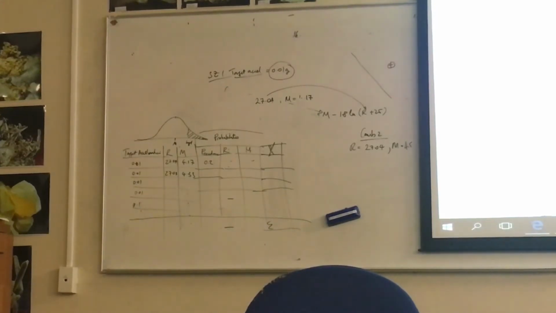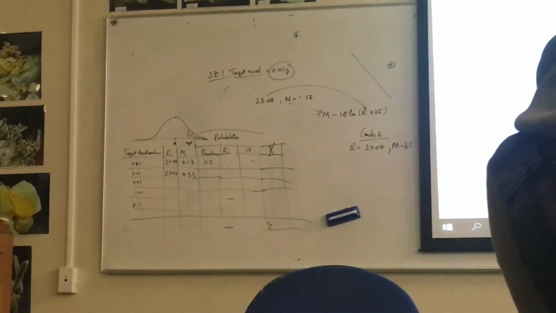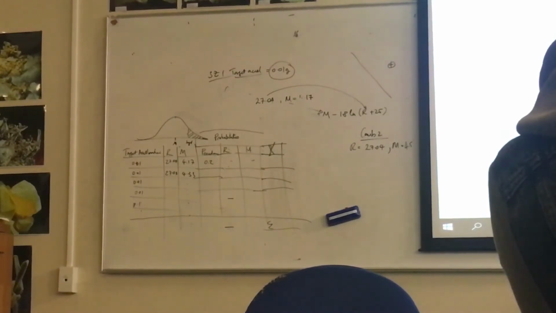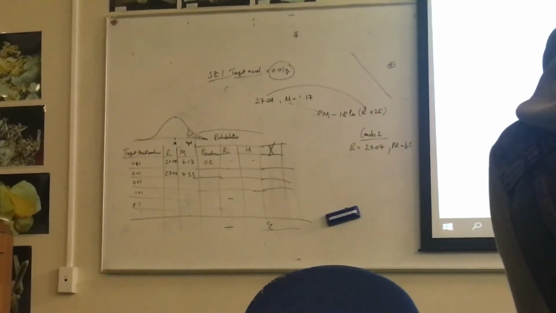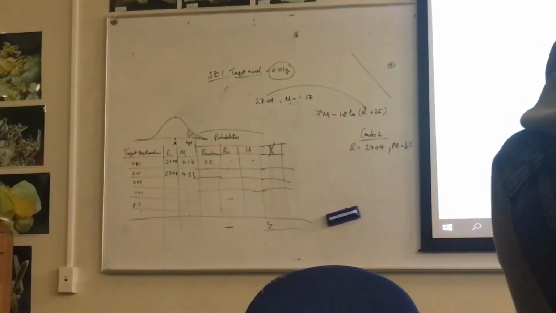So that's why I say, if you use Excel, it can get unwieldy. Okay, so here's the example. From that one, the first combination, we've got magnitude of 4.17, distance of 27, target acceleration 0.01. This is the probability that's going to be exceeded.